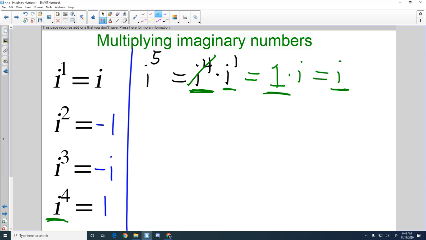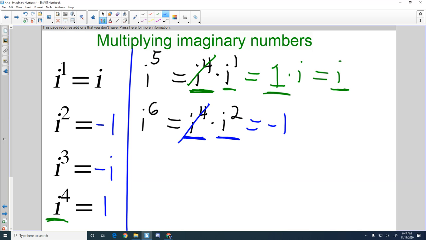And watch what happens as we keep on increasing the exponent. i to the sixth, well, what if we wrote that as i to the fourth times i squared? Do you see this i to the fourth right there? We know that equals a positive 1, and we can just cross it off because it's not going to change our value. Meaning i to the sixth is the same thing as just i squared, which we know is a negative 1.